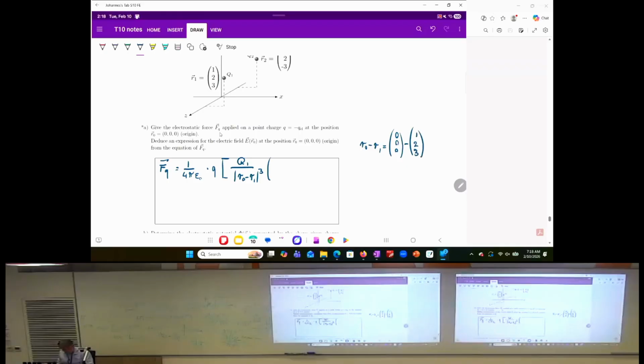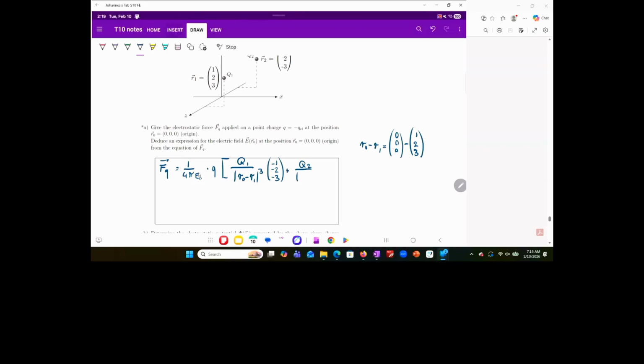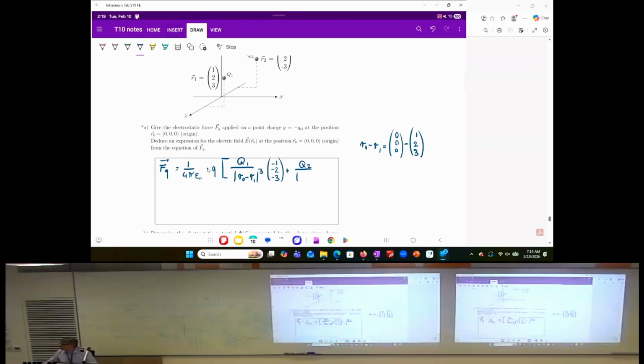So basically you get here minus 1, minus 2, minus 3. And you take the second charge, Q2. That is applying the superposition principle. You see both of them are multiplied with 1 over 4 pi epsilon times the test charge here. And here you get then minus 1, minus 2, and plus 3.